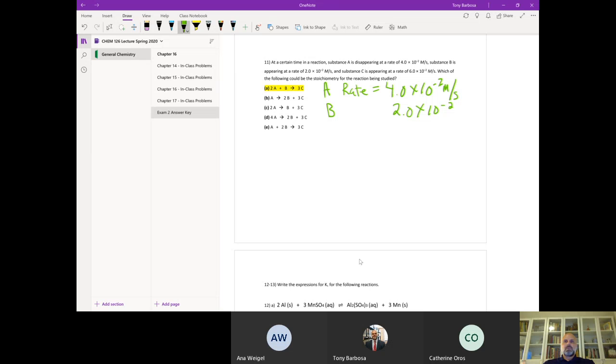It should have been a 1 to 2 to 3 ratio. And since A is disappearing, it goes on the left by itself, and B and C go on the right by themselves. Did I grade anybody's wrong? Did everybody get that one right? So I might have just entered it wrong in my answer key.